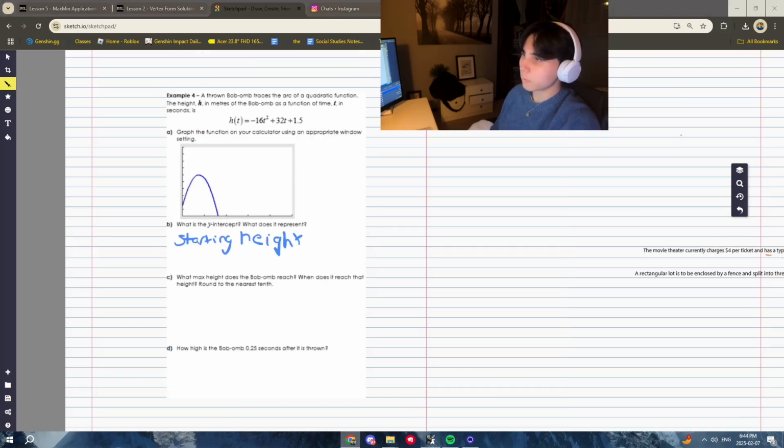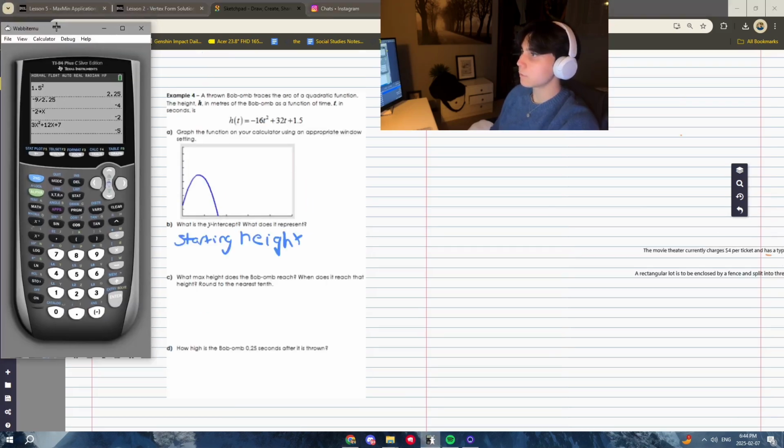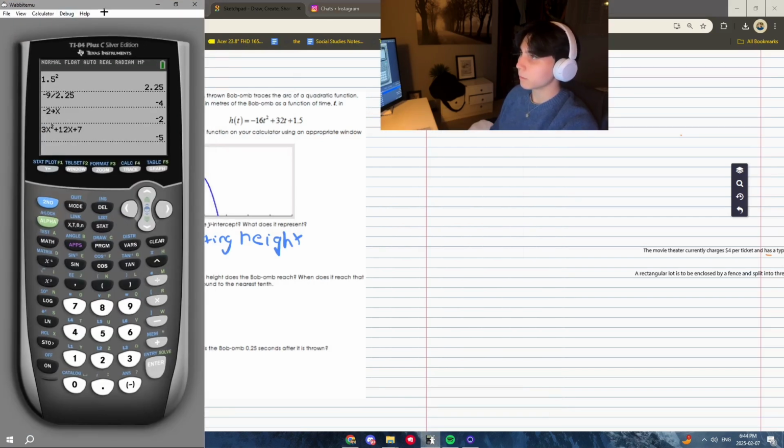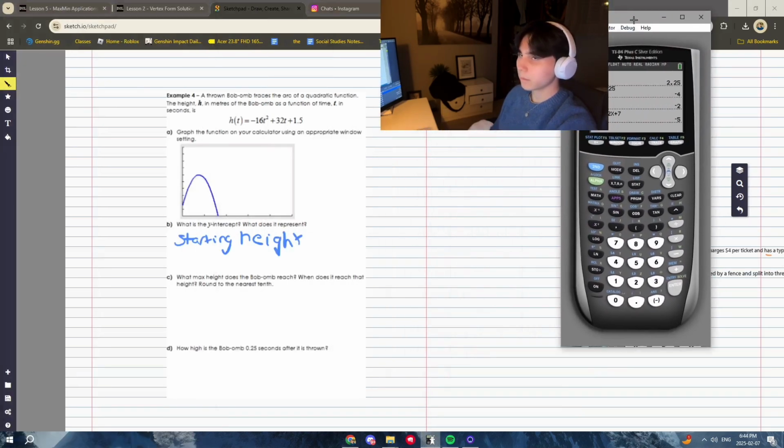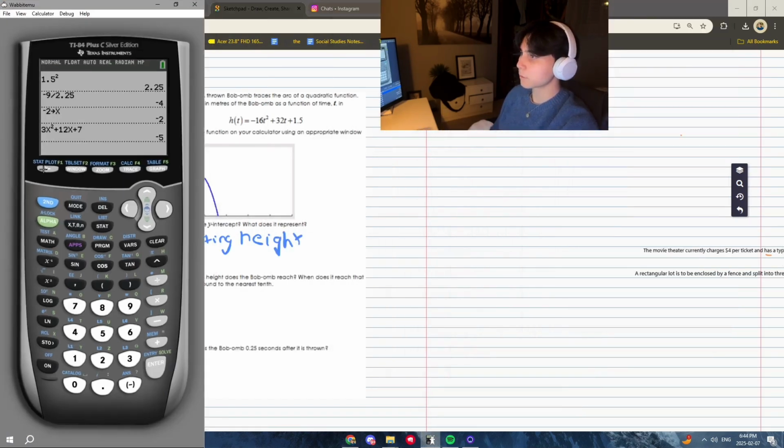To find your actual y-intercept, what you can do is find it in your calculator. You're just going to graph this function here. Since we're given an equation, let's just graph this: -16x squared plus 32x plus 1.5.